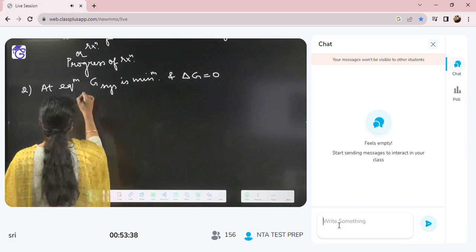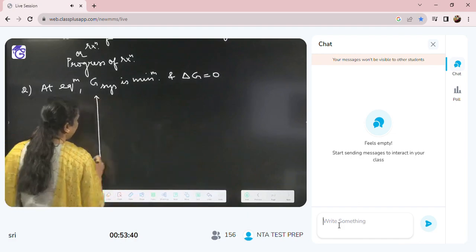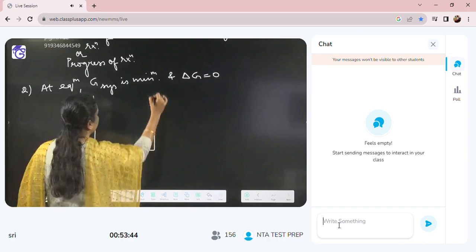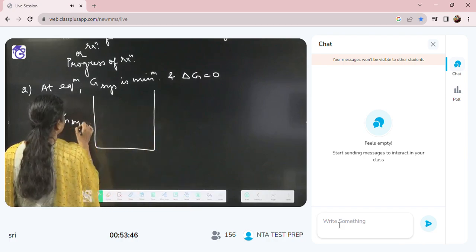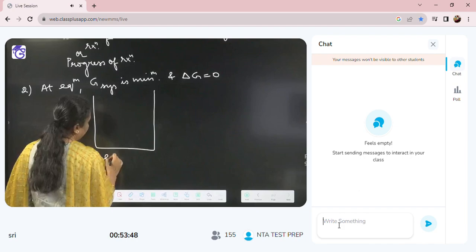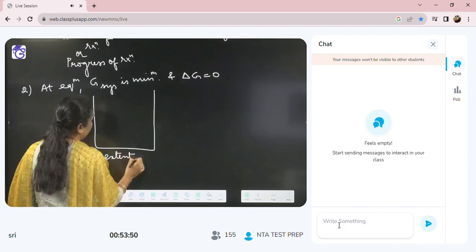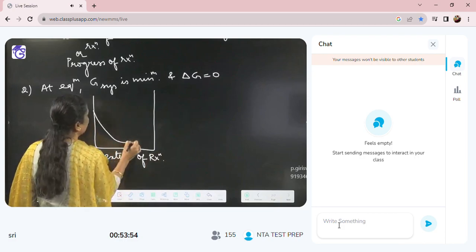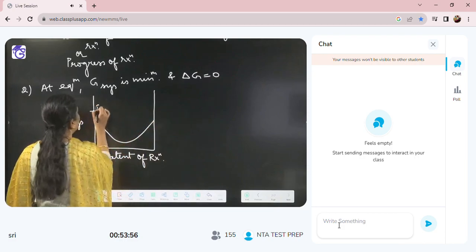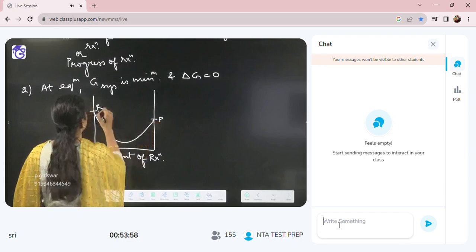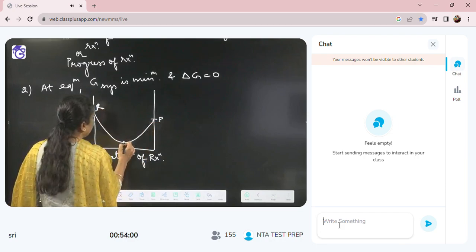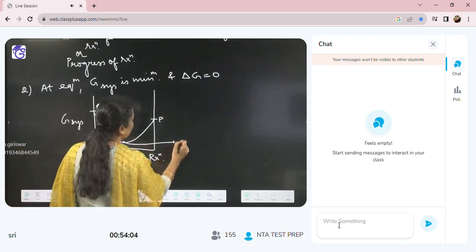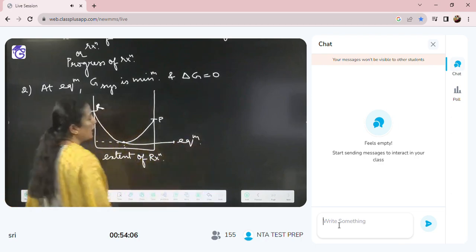I am drawing a graph between G system and the extent of reaction, that means how the reactant is getting converted into product. The graph usually obtained is this one. This is for reactant, this is for product. And the minimum, are you able to see there? That is G system minimum, and this minimum is telling you that equilibrium has been reached.